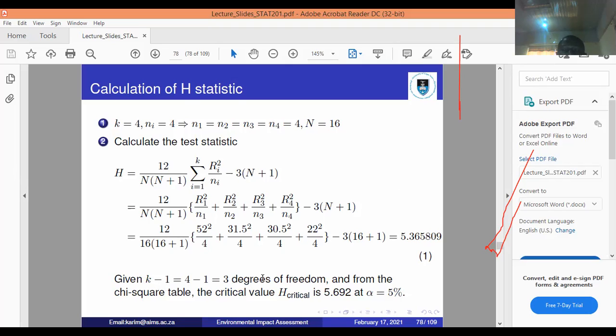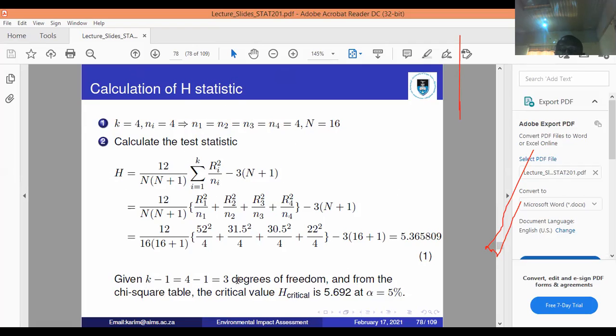Now, how do we get our critical value? This one also has a table where we read the critical value from. Given K minus 1, which is the degrees of freedom, and the number of groups is 4, we have 4 minus 1, which gives us 3 degrees of freedom. Then we go to the chi-square table, because the Kruskal-Wallis test follows the chi-square distribution.